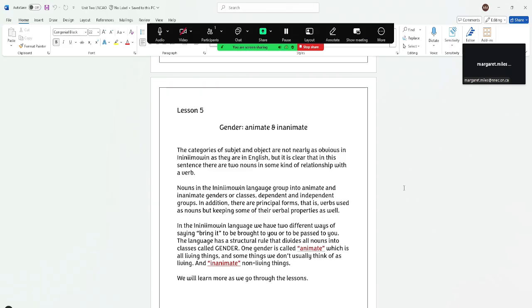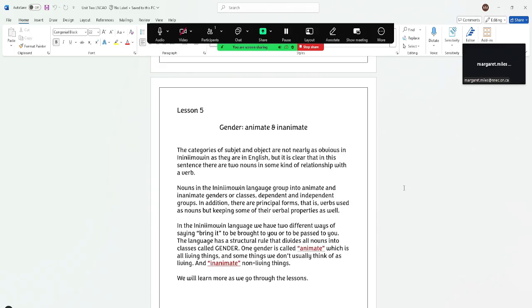The language has a structural rule that divides all nouns into classes called gender. One gender is called animate, which is all living things, and some things we don't usually think of as living. And inanimate is non-living things.